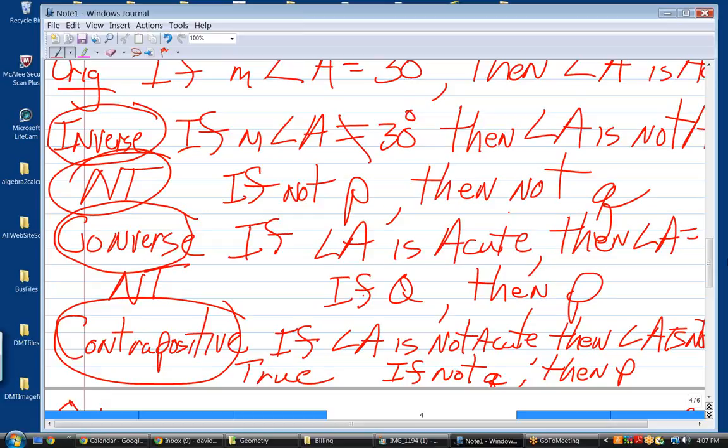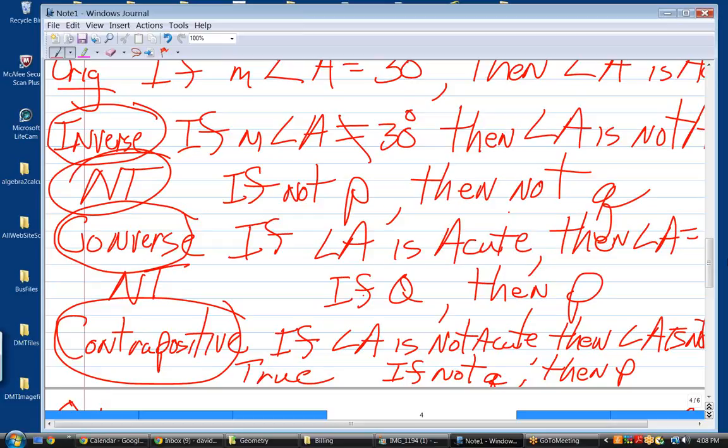Geometry is full of theorems, postulates, and corollaries. Actually, when I took geometry, they just called them theorems and corollaries. Now they have postulates also. And these are just statements of truth that at some point needed to be proven, but once they were proven, they're always going to be true.